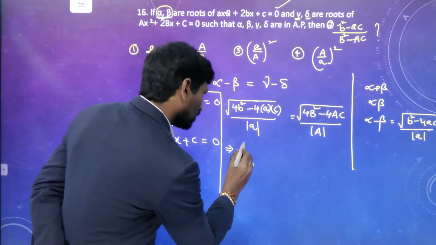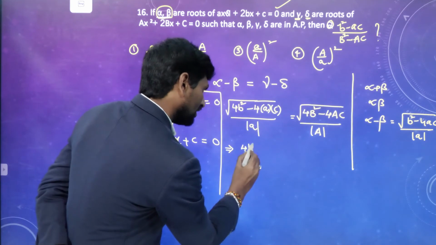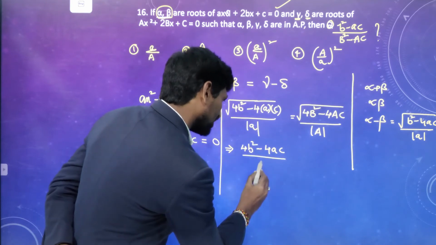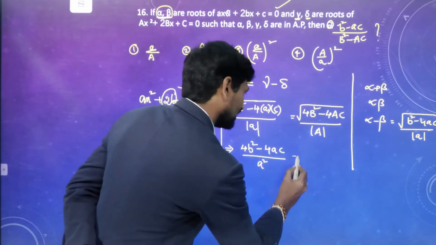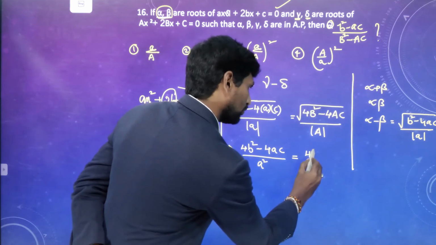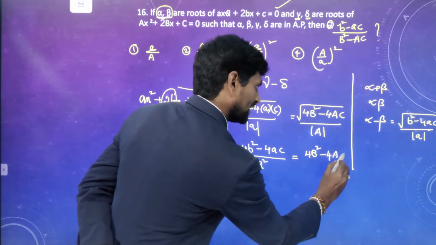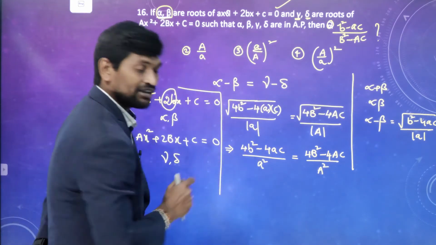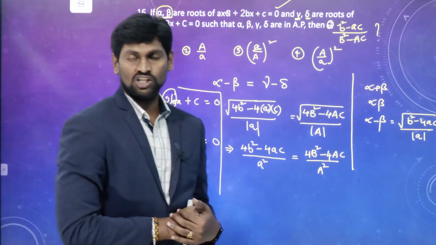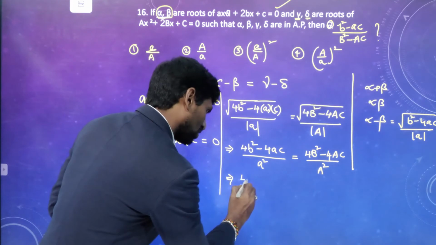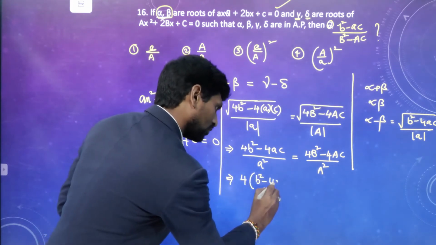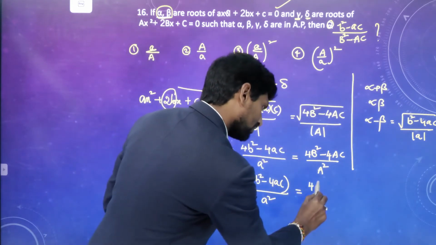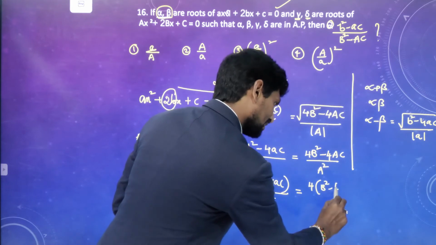Squaring on both sides means it will be 4b square minus 4ac by modulus of a square, which means a square, equals 4 capital B square minus 4ac by capital A square. While you are observing the numerator, both terms have 4 as the common term. Here also 4 is the common term. Now I am taking 4 as common, b square minus ac by a square, that is equals to 4 common, capital B square minus ac.